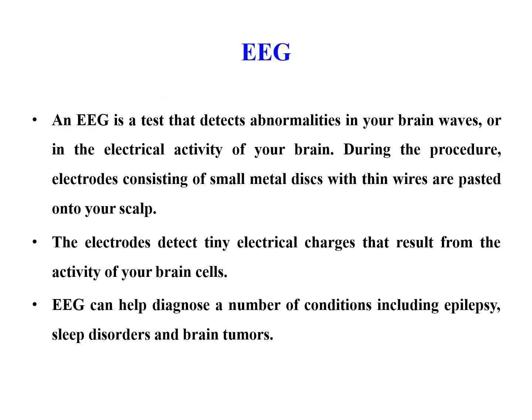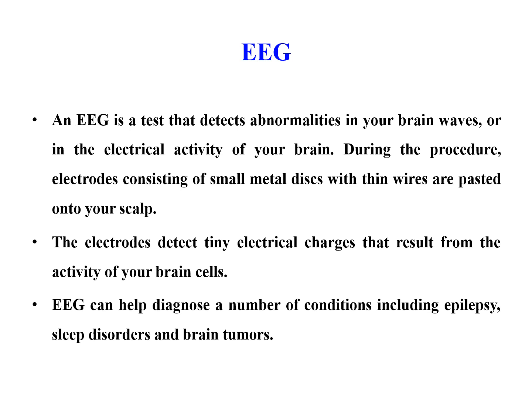Next is the electroencephalogram. It detects abnormalities in your brain waves, and the electrical activity of the brain is measured. The electrodes consist of small metal discs with thin wires pasted onto your skull.